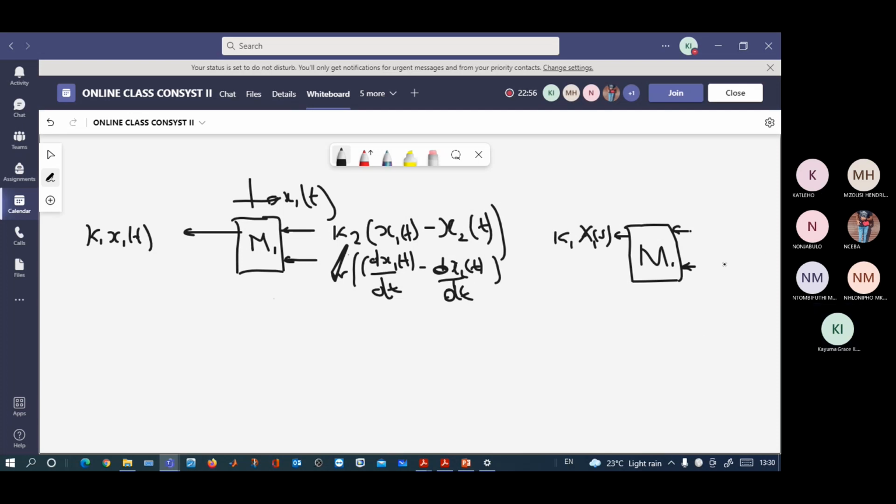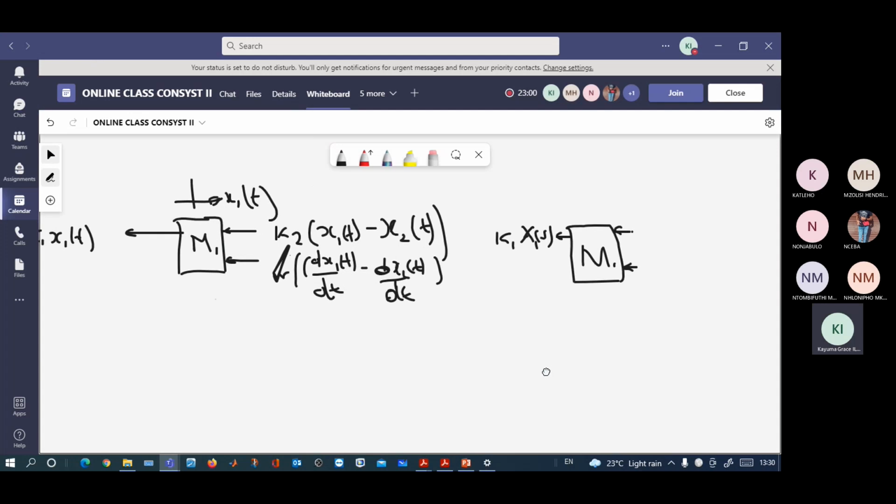On the other side here, let's move a little bit like this. On the other side, we're going to have K2, open the brackets, x1 s minus x2 s.